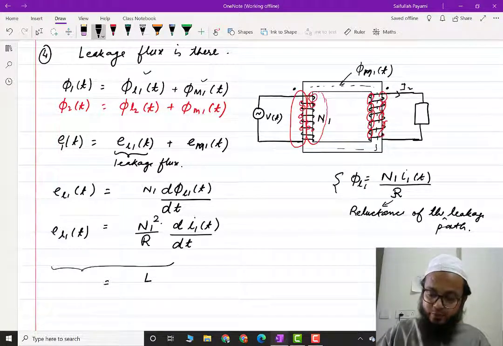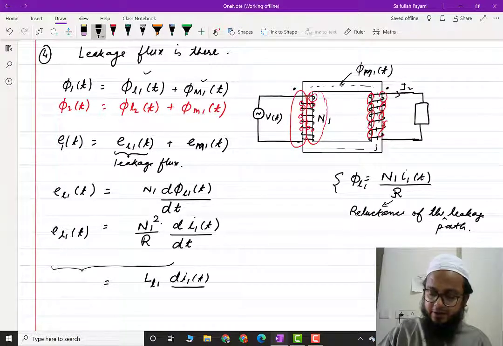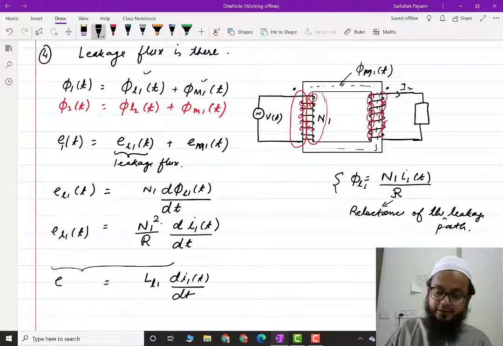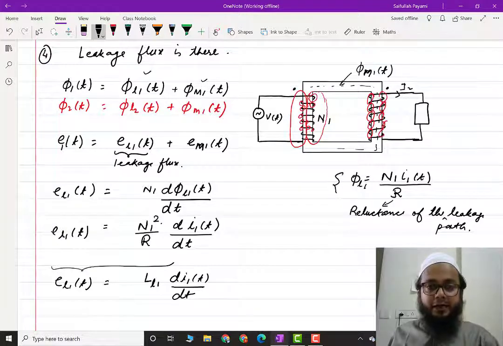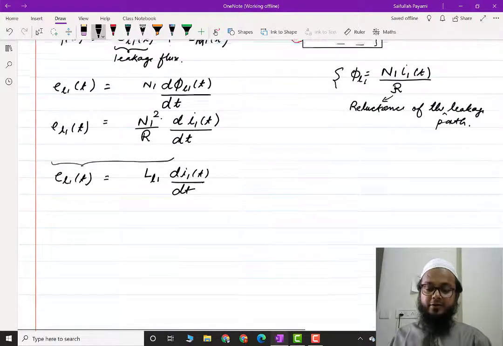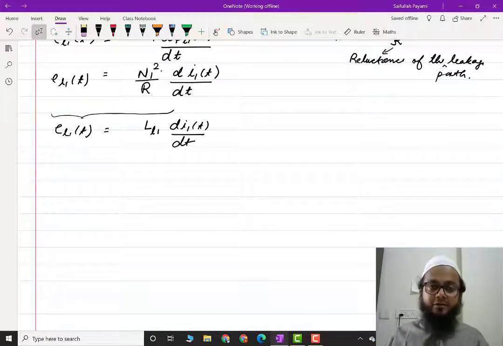So this is L1, which I will represent by LL1, the leakage inductance of the primary, into dI1(t)/dt. So this is an inductance equation, which means the leakage flux in a transformer can be modeled by an inductor, that is, by a reactance.